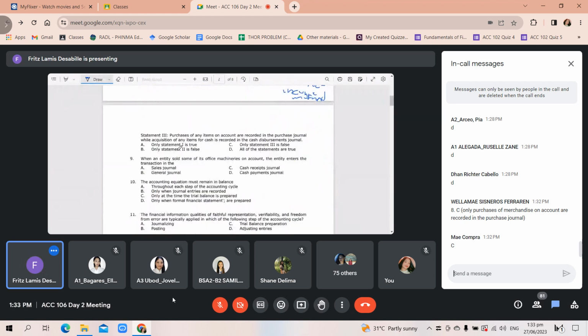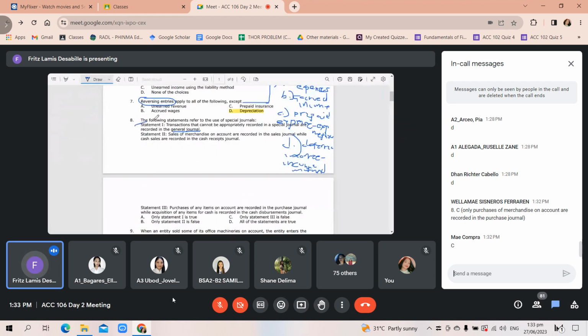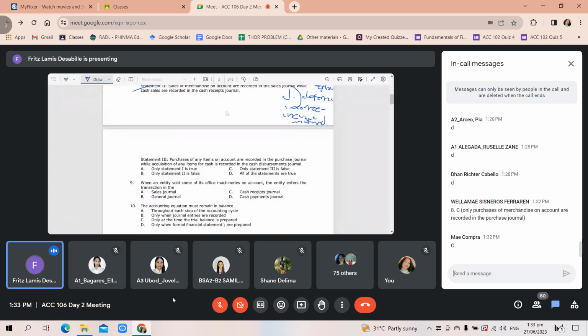Okay. So statement number 2 is also correct. So wrong na ni sa A, only statement 1 is false, is true. Only statement 2 is false, is wrong man pod. But it could either go to letter C or letter D. So let's go to statement 3.